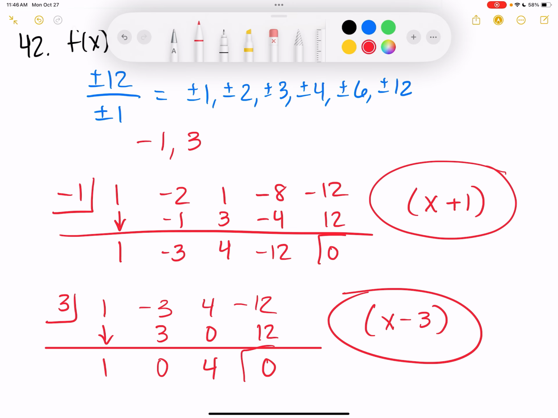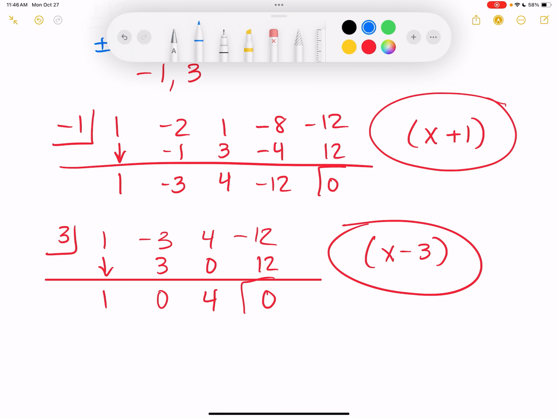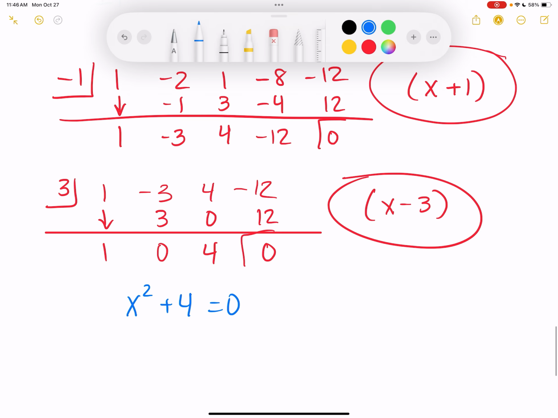So I'm left with x squared plus 4 essentially equals 0. But that means x squared is equal to -4, so x is equal to plus or minus 2i. That's not a real 0, so it's not what it wants us to do.